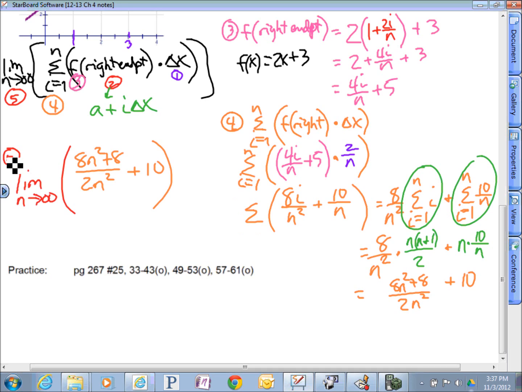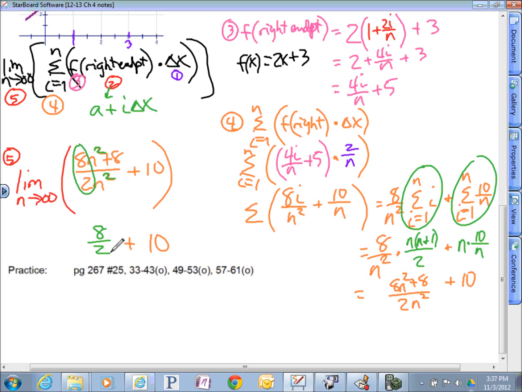So what's that limit going to be? Well, we could go through our normal process. The limit of a constant is just 10. But for this other one, I see that the degree of the top is 2 and the degree of the bottom is 2. If they're the same, the only thing that matters is the coefficients in front. As n approaches infinity, this limit is really 8 over 2 or 4.